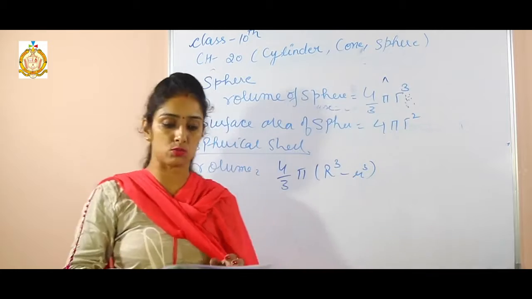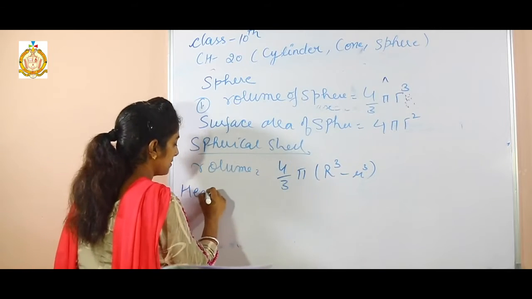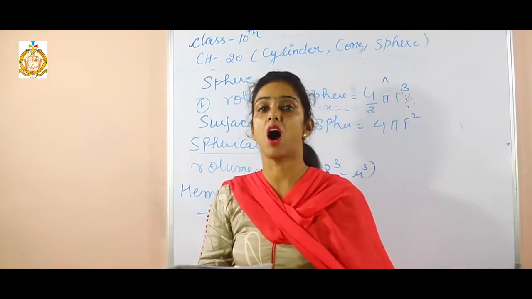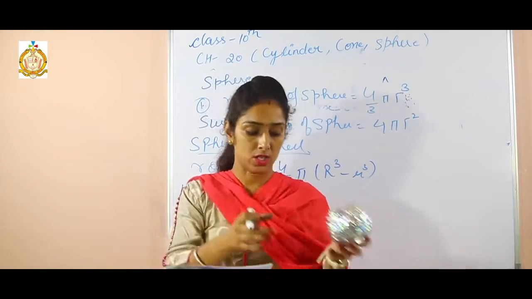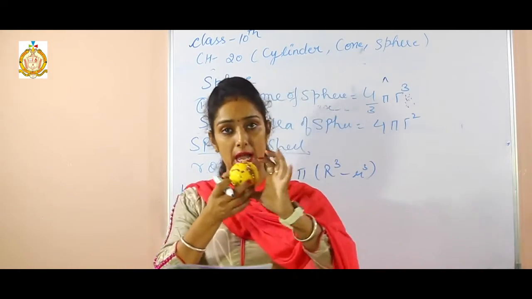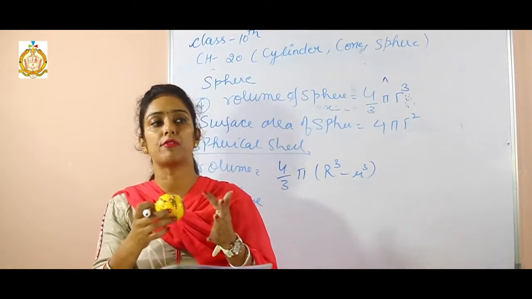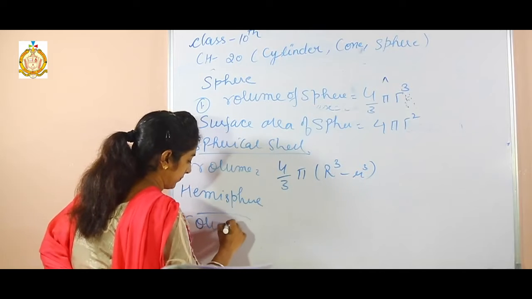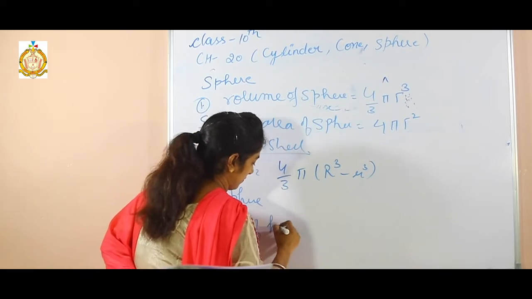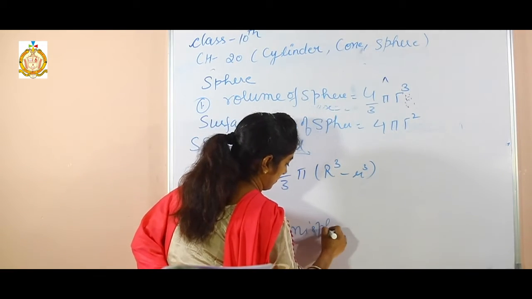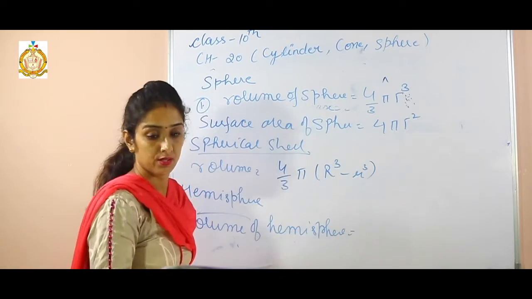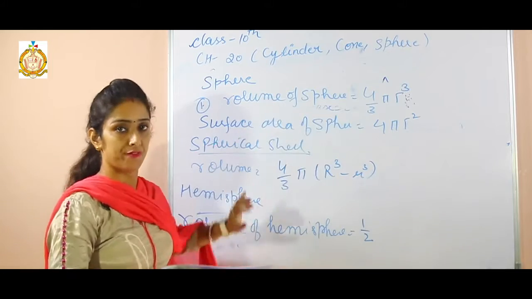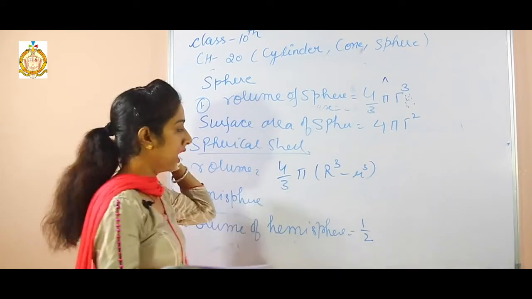And what about a hemisphere? Hemisphere is, hemi means half of the sphere. So when we have to find the hemisphere, it means that it is half of the sphere. So what is the volume of hemisphere? That is 1/2 of the volume of sphere. Half of the sphere, it means its volume is also half.